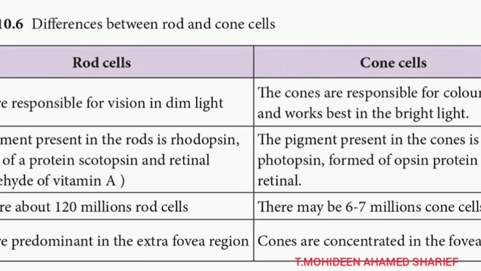So the mechanism of vision. When light enters the eyes, it gets refracted by the cornea, aqueous humor and lens and is focused on the retina and excites the rod and cone cells.